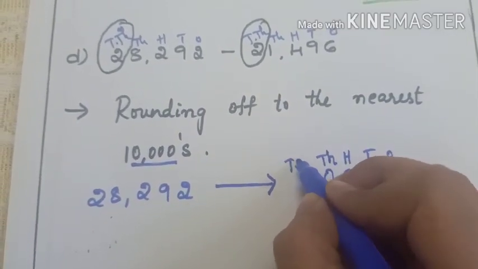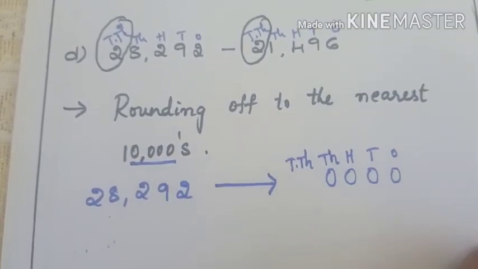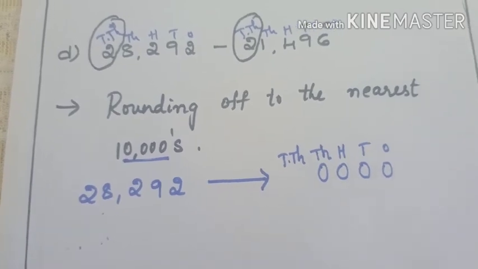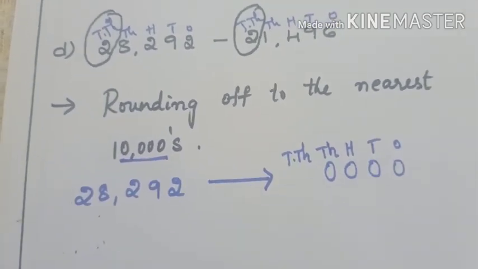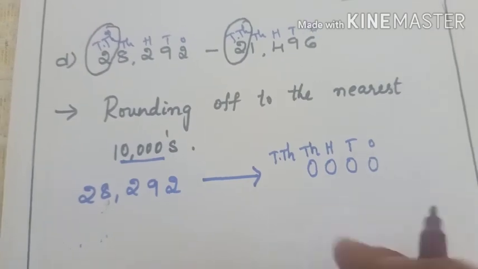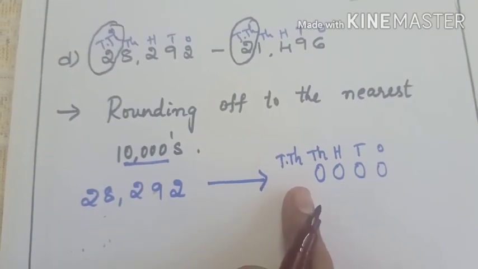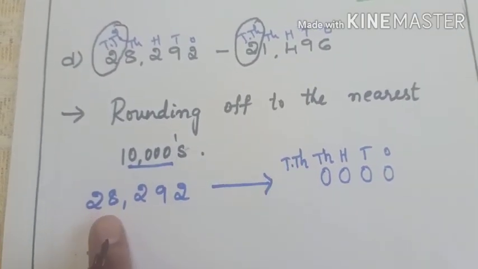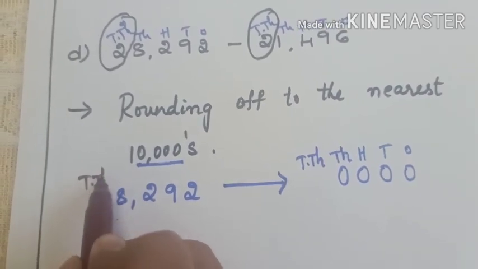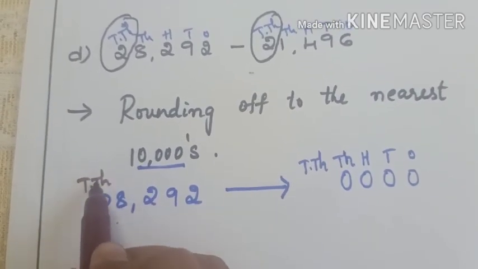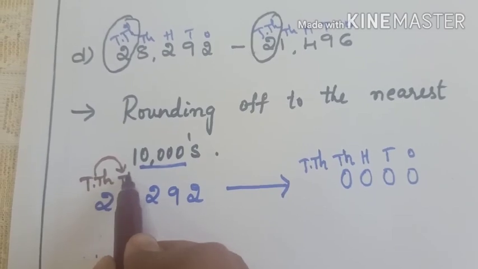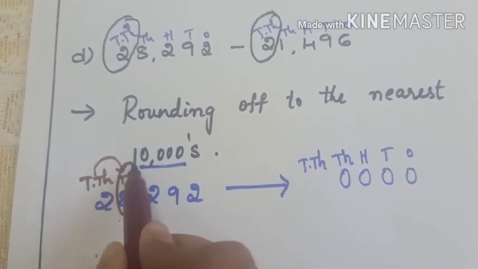Now we have to fill the 10,000s place. To fill this 10,000s place, check the thousands place in the question.